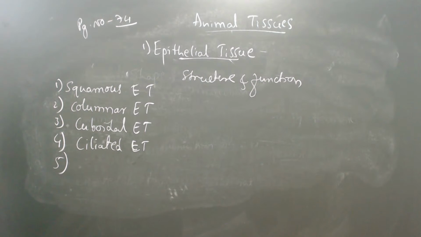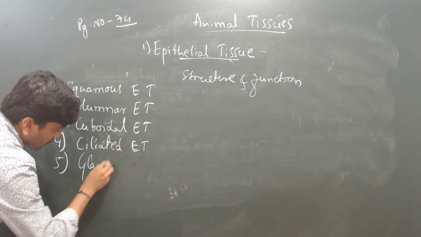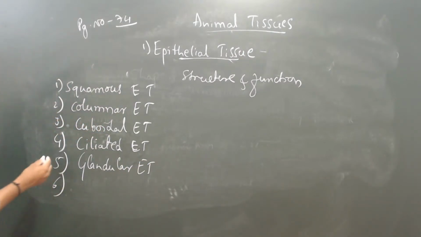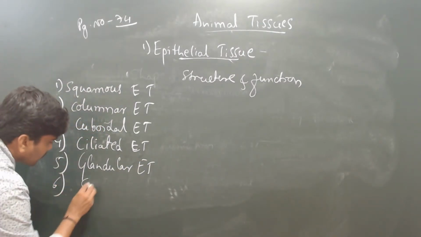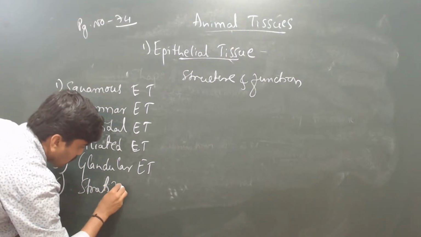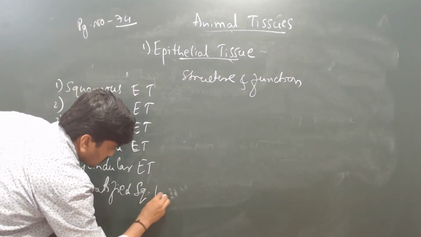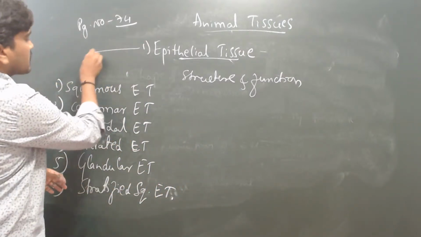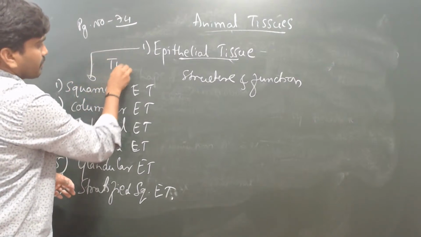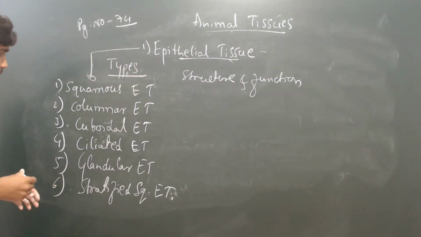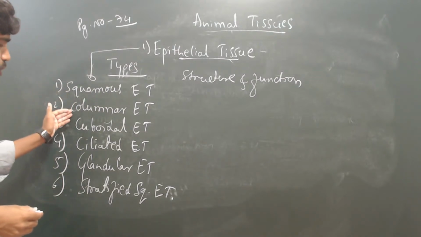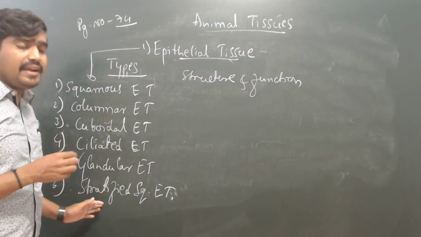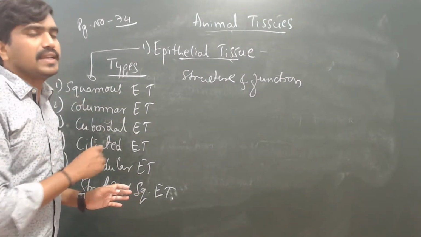Then after ciliated, glandular epithelial tissue. Then last one, stratified squamous epithelial tissue. See, these are the types of epithelial tissue. How many types? Squamous, columnar, cuboidal, ciliated, glandular, and stratified squamous epithelial tissue.